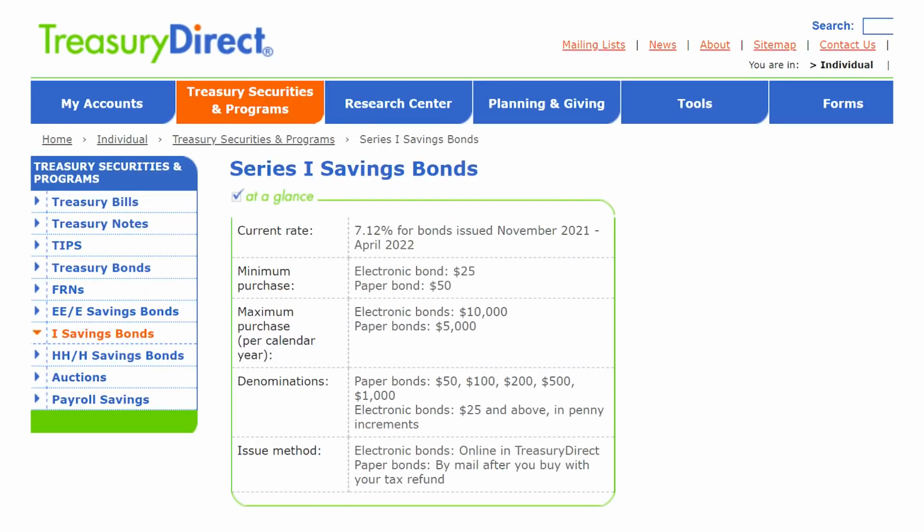But by far, one of the best opportunities in investing right now is in Series I savings bonds. And these are savings bonds you can buy directly from treasurydirect.gov. So there are no fees and you can buy with as little as $25. Now, I bonds have a built-in inflation protection, which means the interest rate has surged over the past year. I bonds right now are paying 7.1% interest, but could reach 9.6% in May.